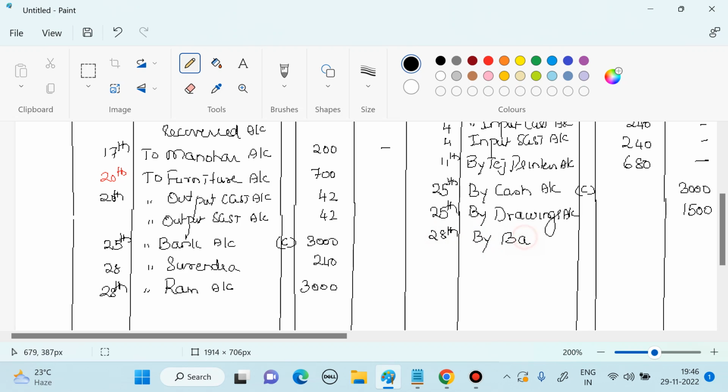So it would be by bank to cash account contra. So your bank balance would increase by 2500. Sorry, I put it in the wrong column. Here. And your cash balance would decrease by 2500. Got it?